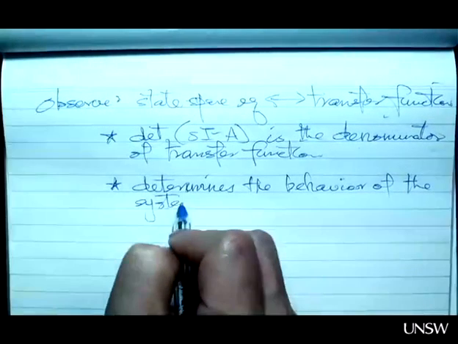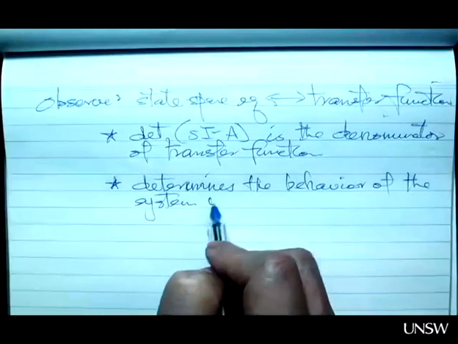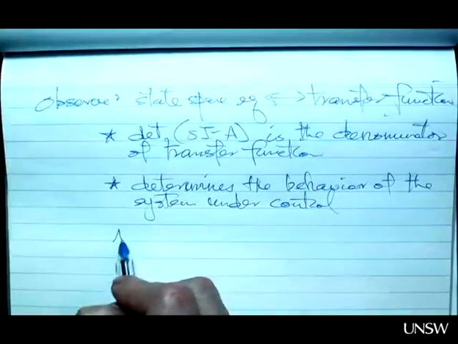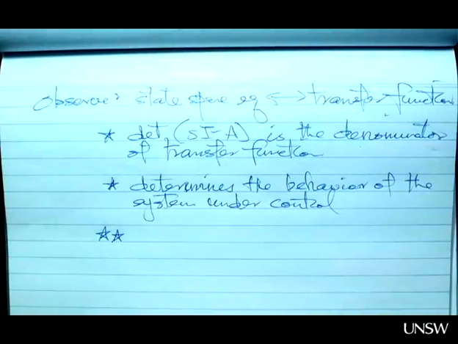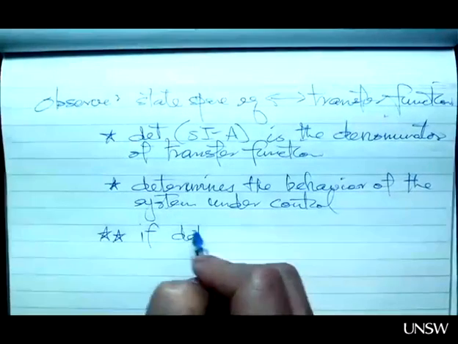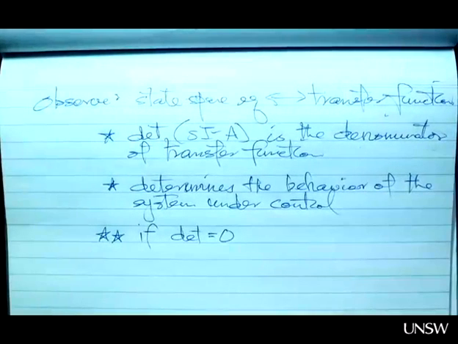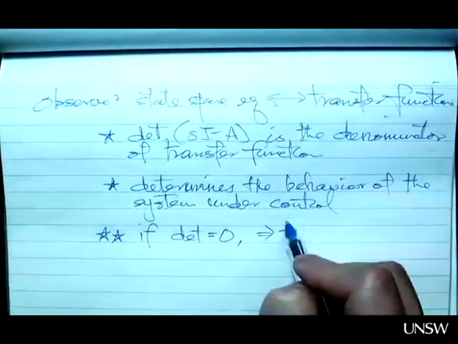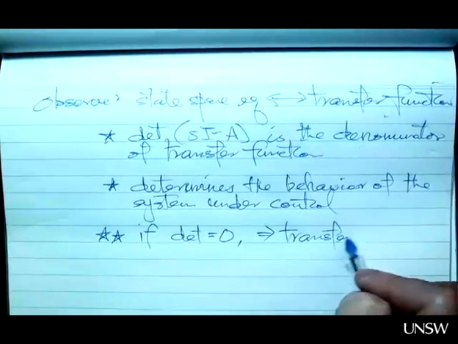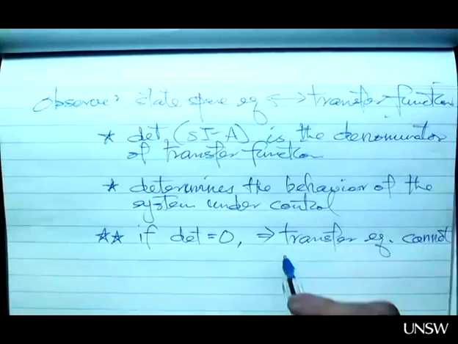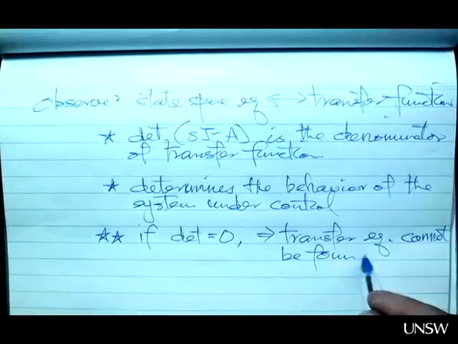Okay, it's under control. And one more thing, the most important thing is that if the determinant equals 0, it means that the transfer function cannot be found, because the determinant is the denominator.